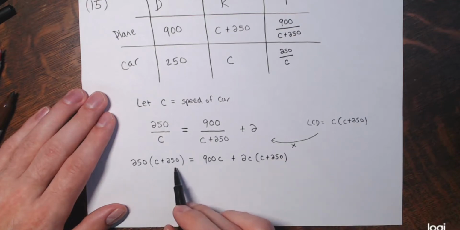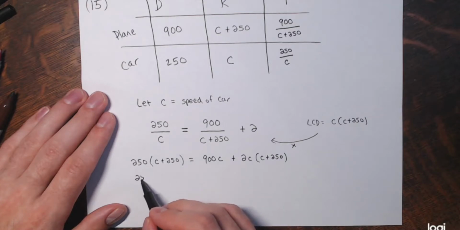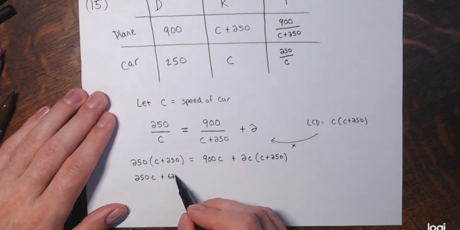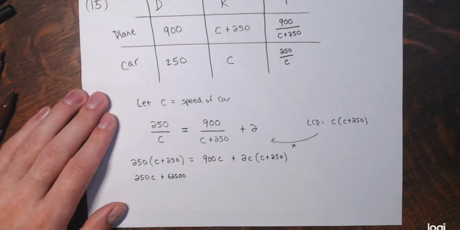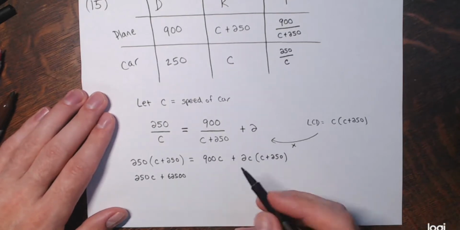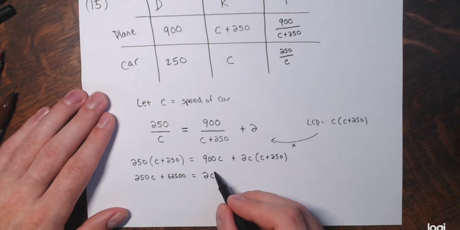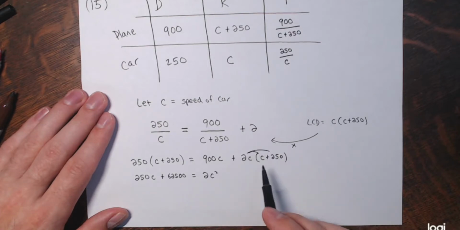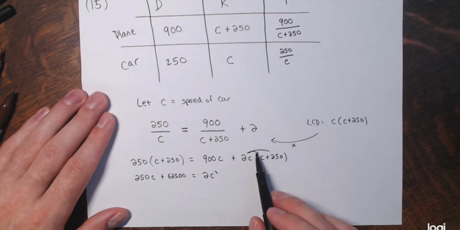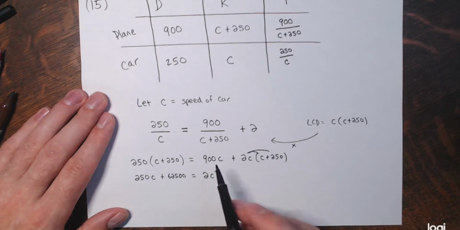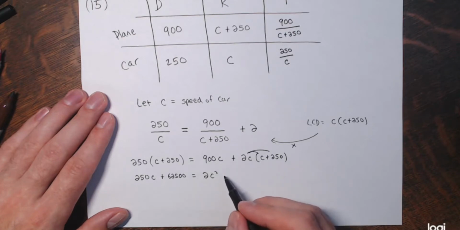Distributing the 250 over here, we have 250C plus 62,500 equals, and then we have 2C squared over here, right? Then plus 500C plus 900C would be 1400C.